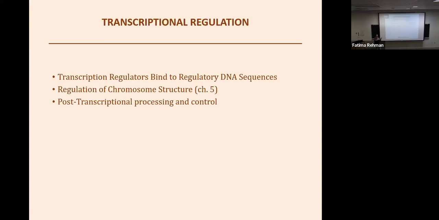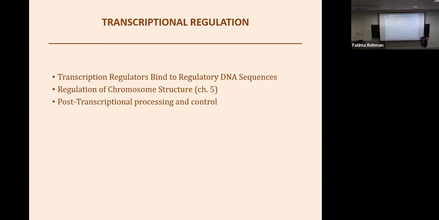We've talked about some types of repetitive sequences already with the TATA box and some other promoter sequences. But now we're going to talk about a lot more specific ones. There are regulatory DNA sequences present all throughout the genome that your transcriptional regulators are going to bind to in order to either activate or repress it.